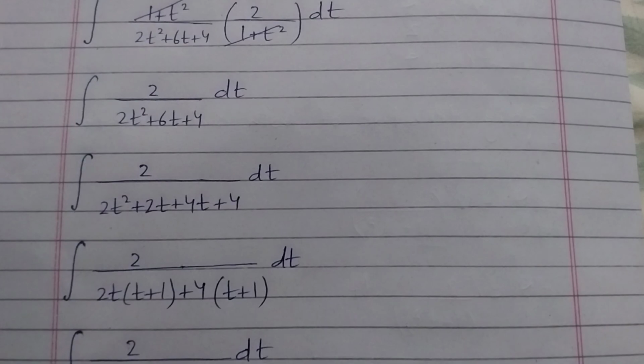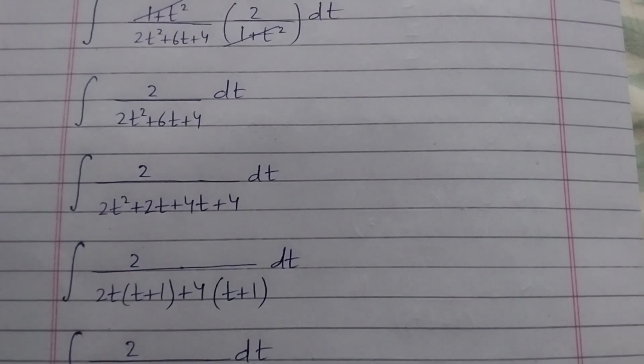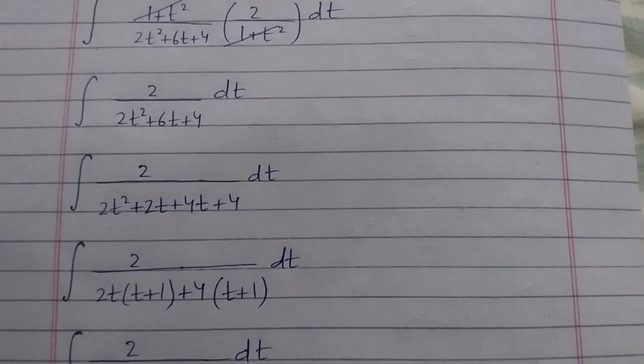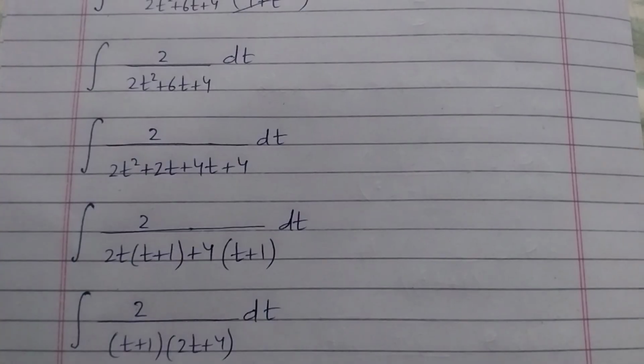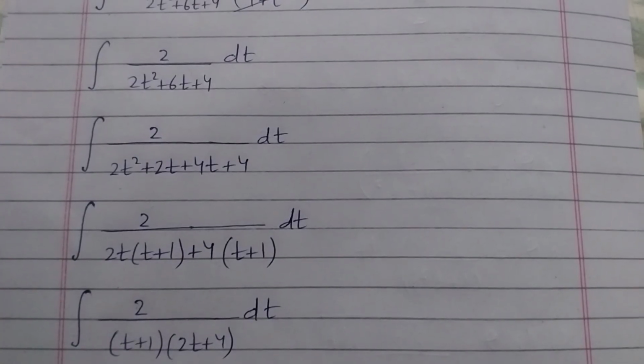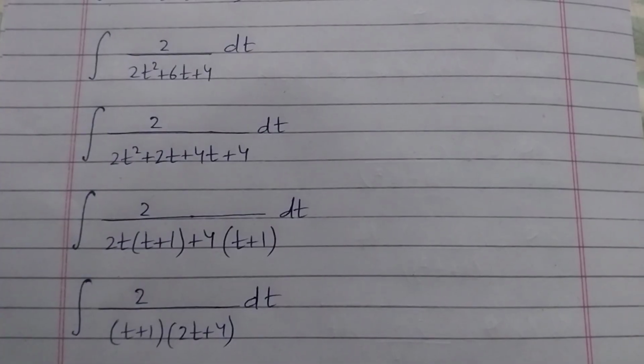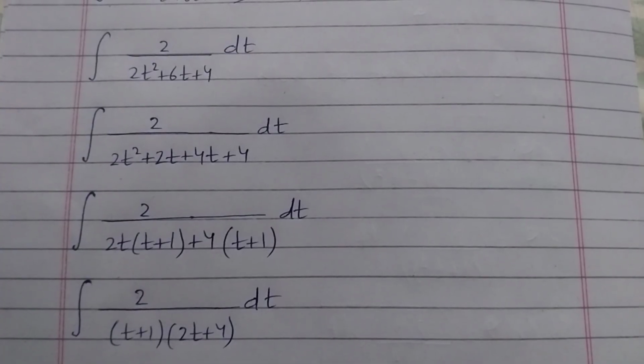We need to find two terms which add to give us 6t and which multiply to give us 8t squared, and indeed we have two such terms: 2t plus 4t. So we break the middle term into 2t plus 4t.